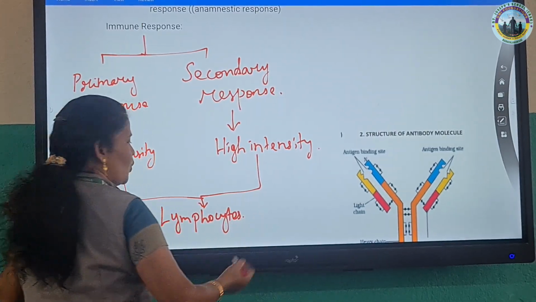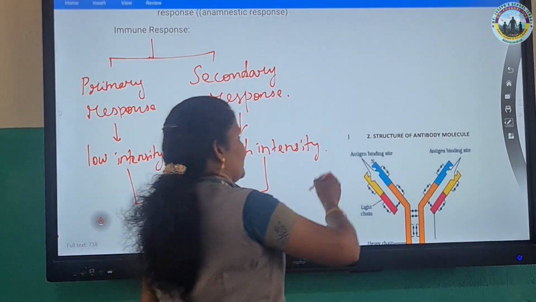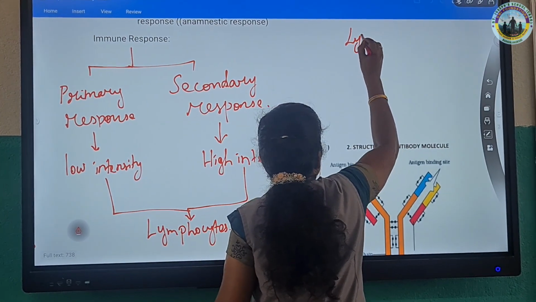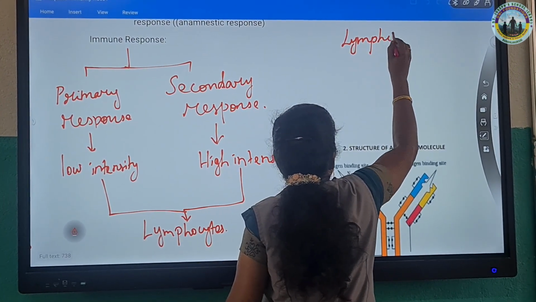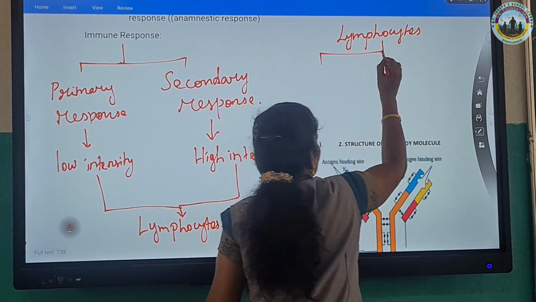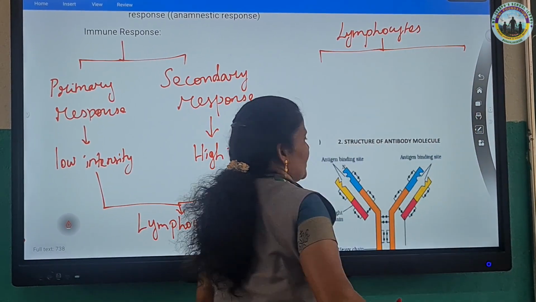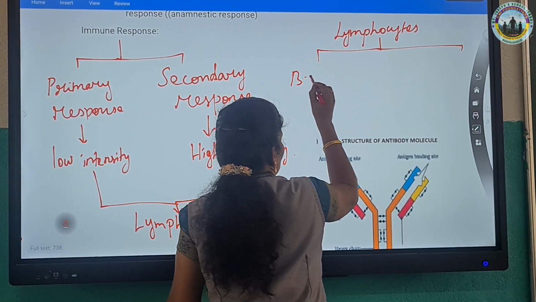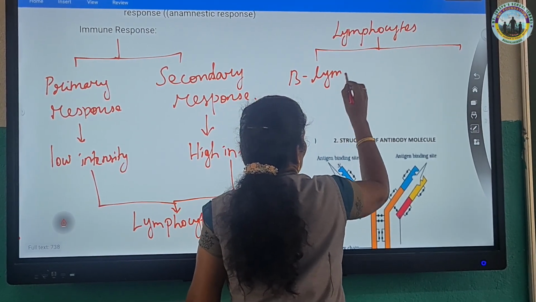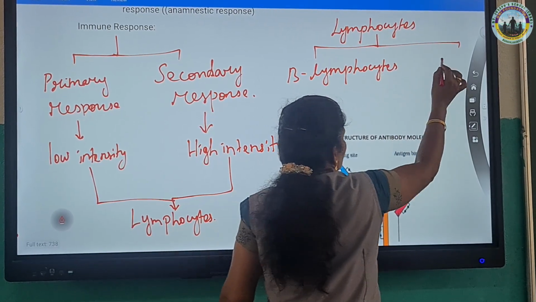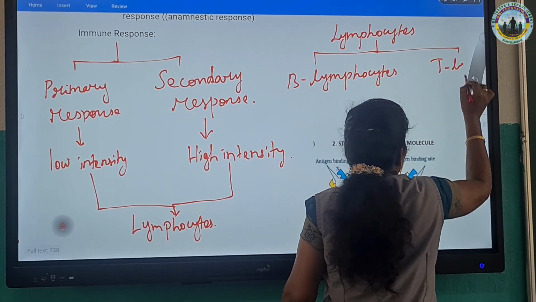Okay. Now we can study the lymphocytes. What are the different types of lymphocytes? There are two types: B lymphocytes and T lymphocytes.